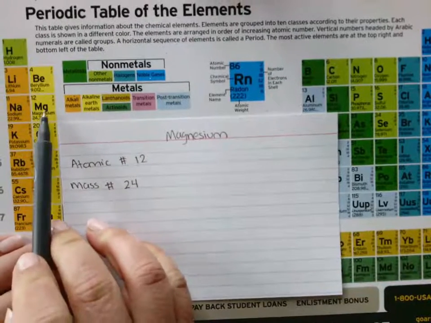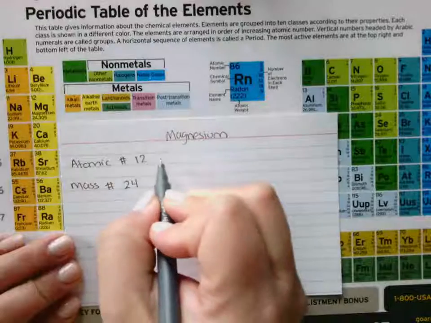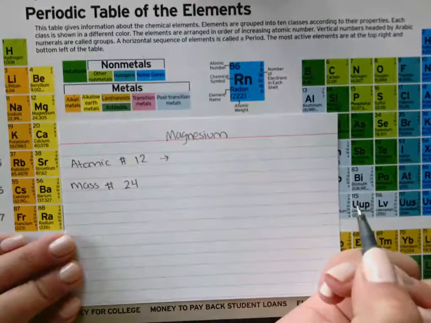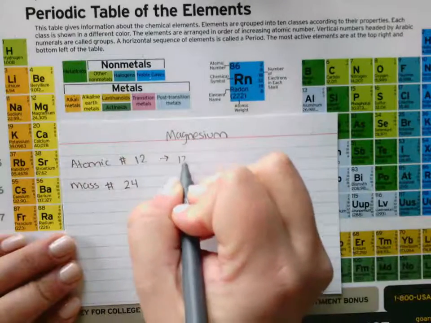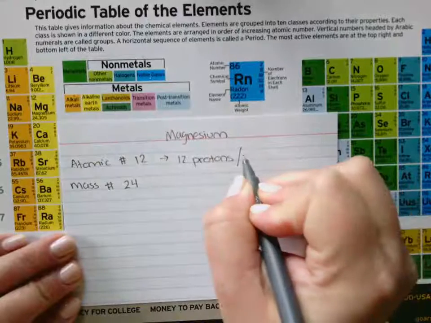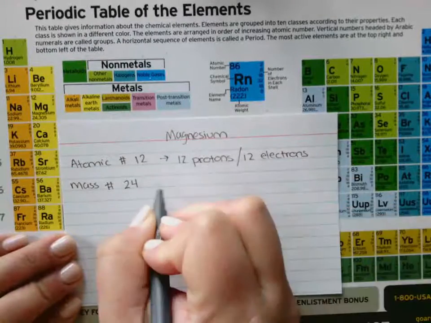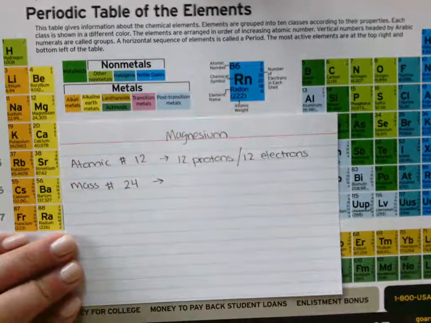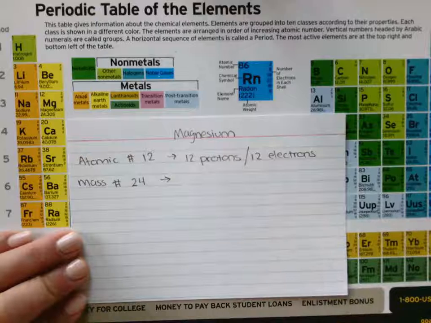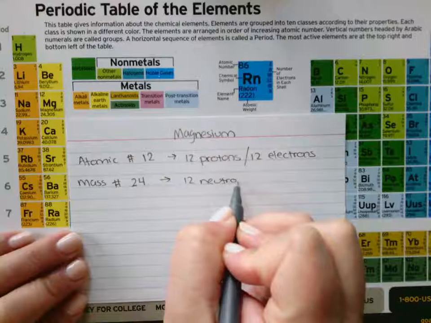Okay, its symbol is Mg. Here's where it says magnesium. So what can I get from these 2 pieces of information? Well, from an atomic number of 12, I can determine that it has 12 protons and that it has 12 electrons. From a mass number of 24, I can determine 24 minus 12 protons gives me 12 neutrons.